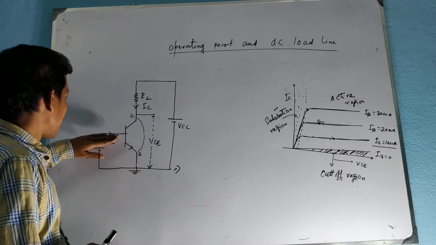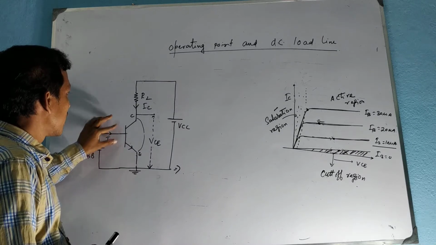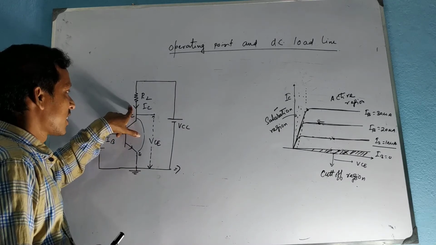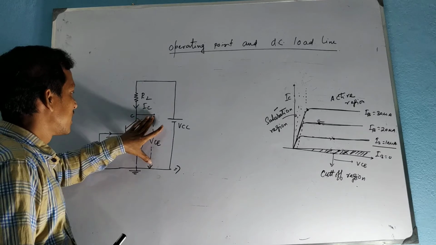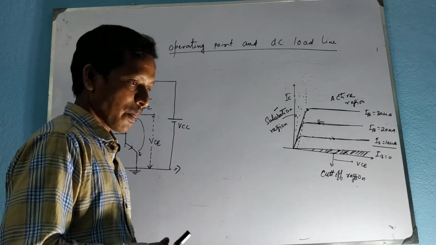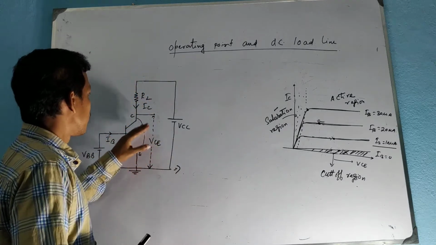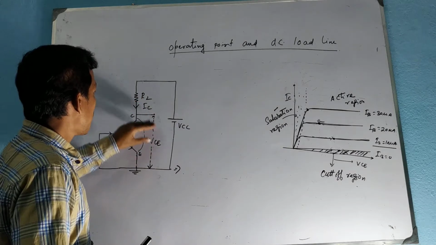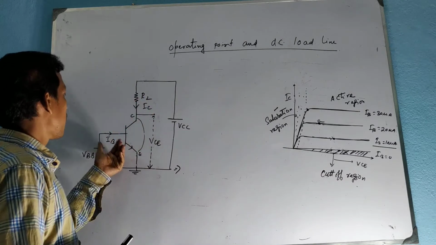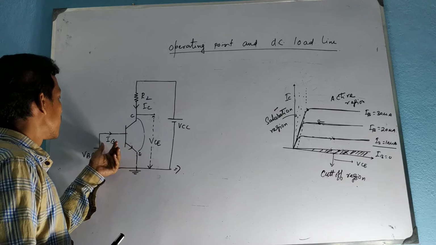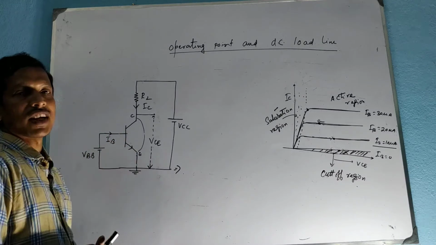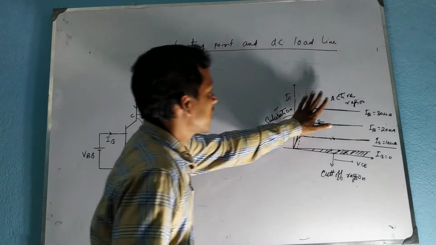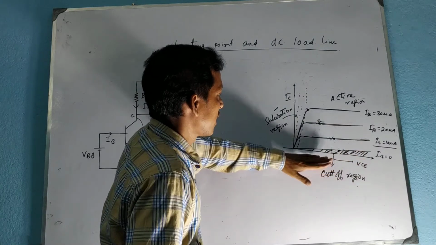Here the input current is the base current and the output current is the collector current, and this is the output voltage. So if we draw VCE versus IC for different values of IB, then we get the static output characteristic. So this is the static output characteristic.